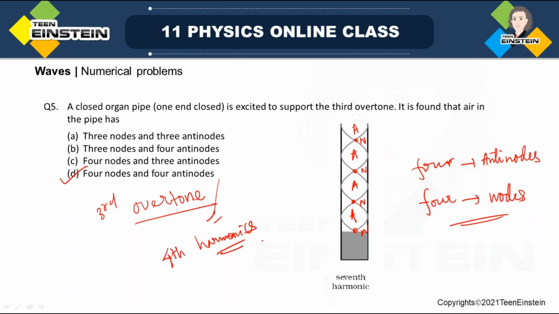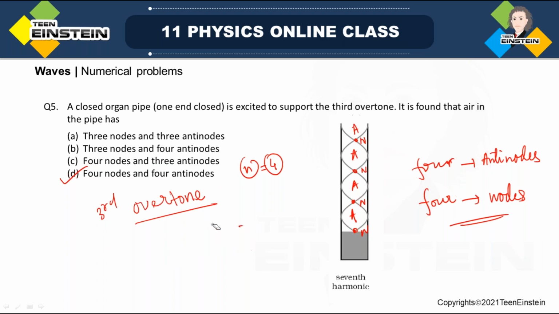Fourth harmonic means n is 4, so the fourth harmonic will be a different thing compared to this actually. But anyway, this is how you have to see. In case of open and closed pipe, these are different.